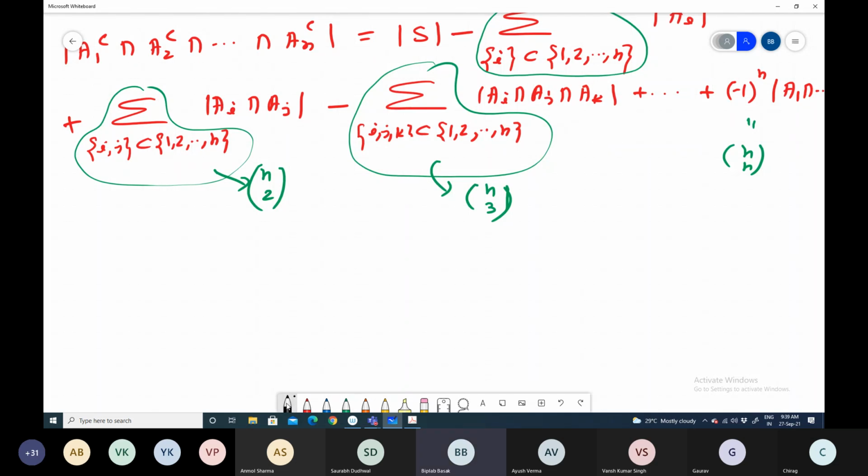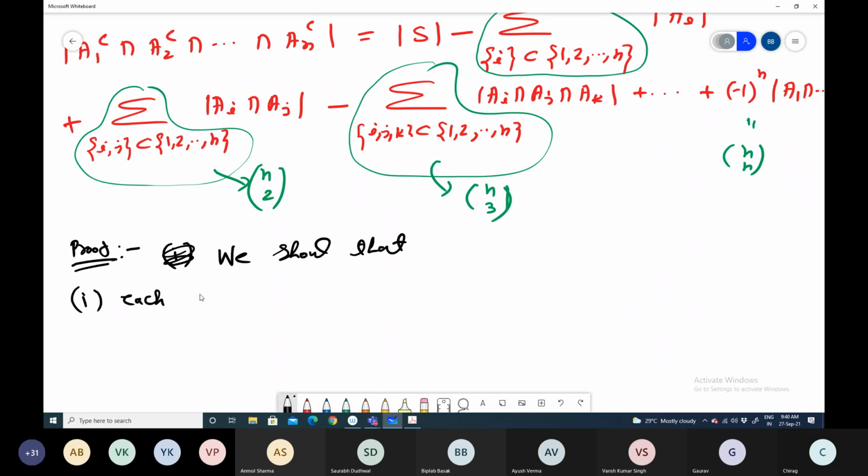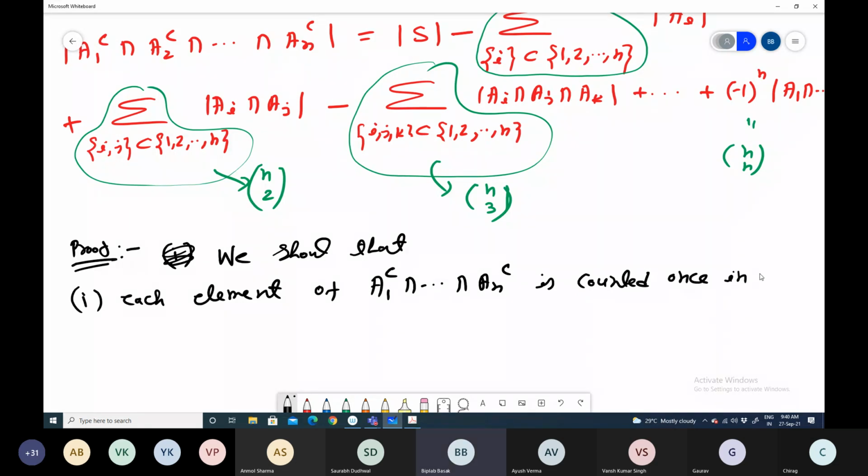So here is the proof. There are 2 steps of this proof. First, we show that each element of this, that is the left hand side, is counted once in the right hand side.